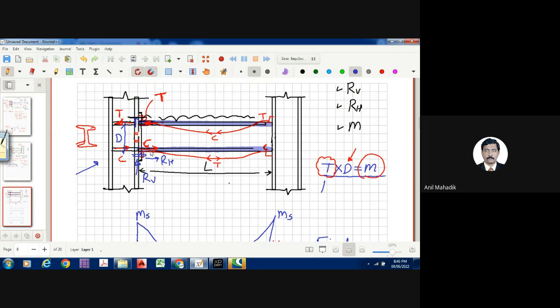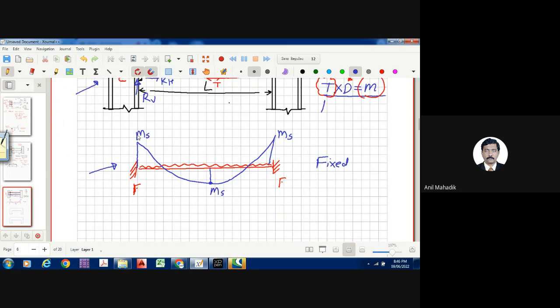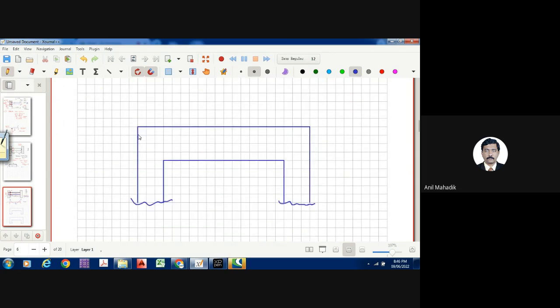Create compression at the bottom and transfer to the support, near the support. Okay. So how we create or transfer the tension in RCC beam? By providing reinforcement. So by providing reinforcement, we are resisting the tension or transferring the tension.